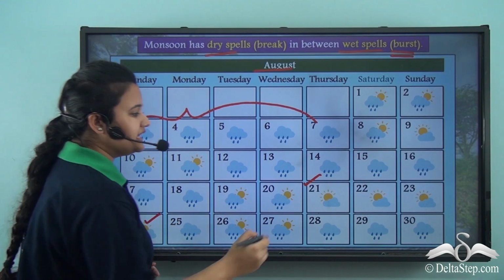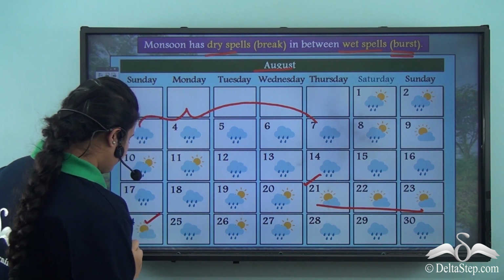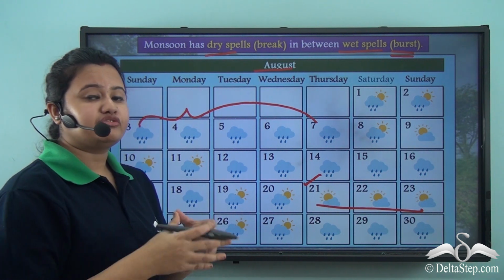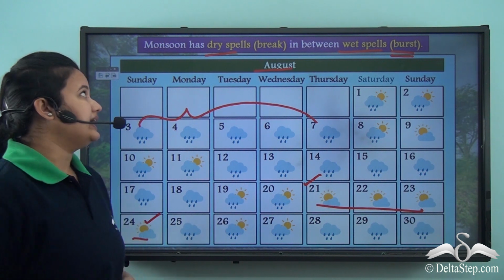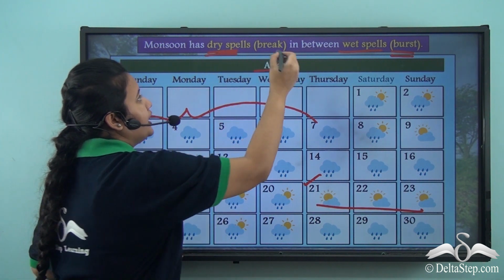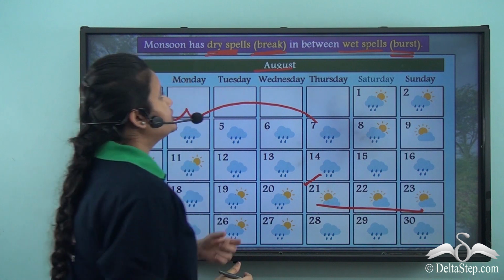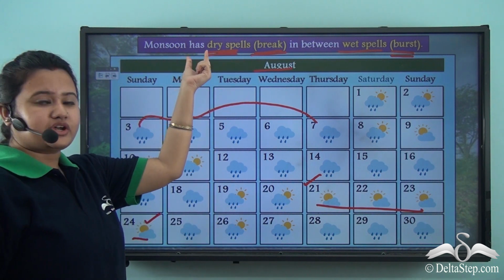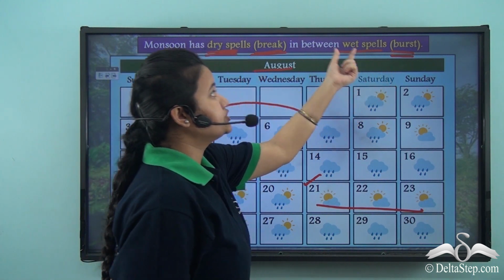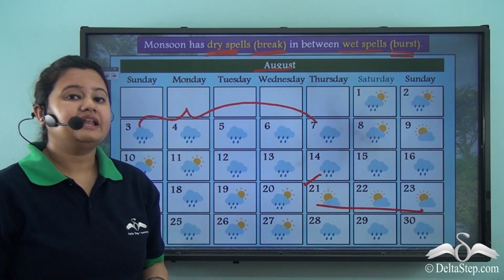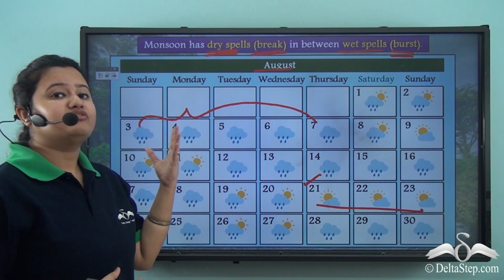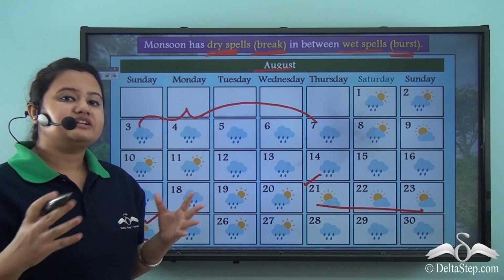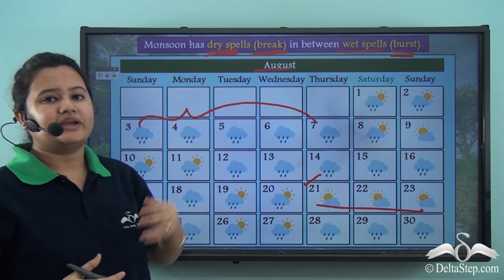Whereas here, when it does not rain at all for a span of 4 to 5 days and we see a clear sky, it is known as a dry spell or break in monsoon. So break refers to the dry spell, whereas burst refers to the wet spells. And an important feature of Indian monsoon is that rainfall occurs here at the intervals of dry and wet spells.